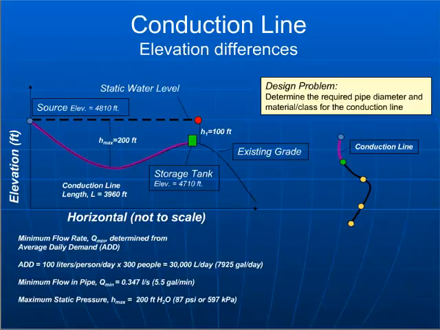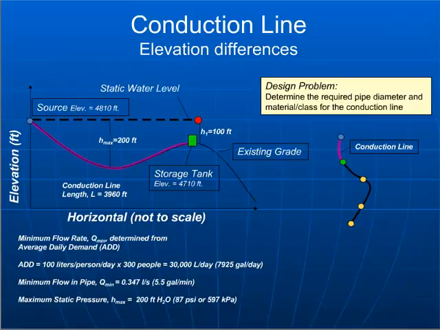So just think about a typical design problem for the conduction line. We're going to be required to figure out what's the pipe diameter and what material do we need for this conduction line. But that, again, really requires us to know a little bit more about the system that we're designing.